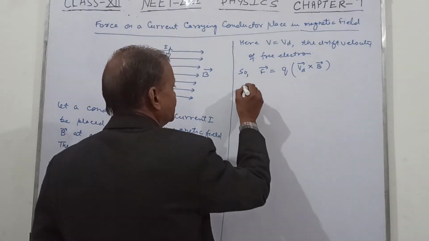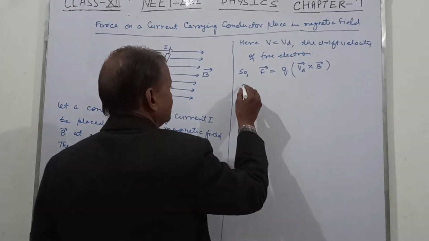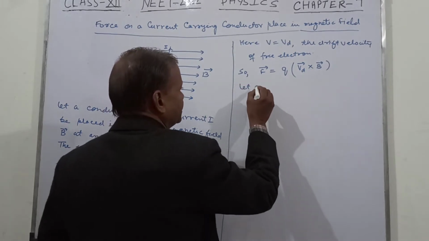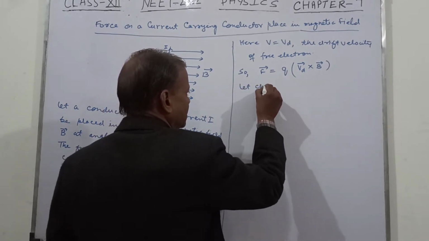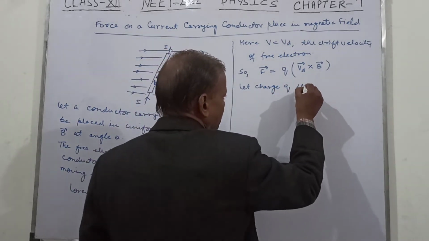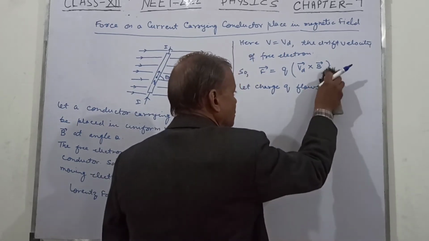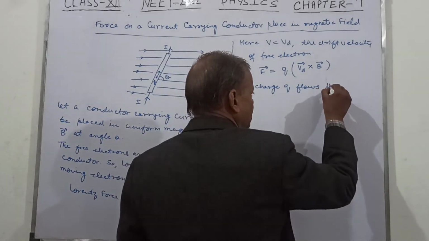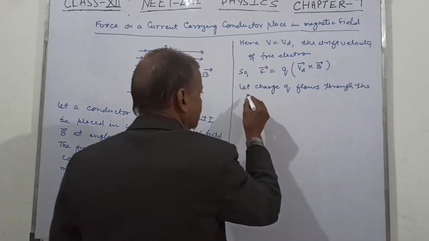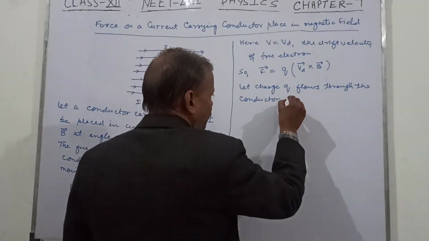So, drift velocity. Let charge Q flow through the conductor for time t.